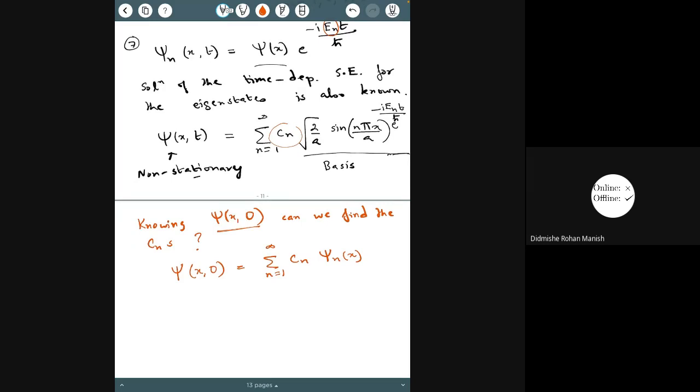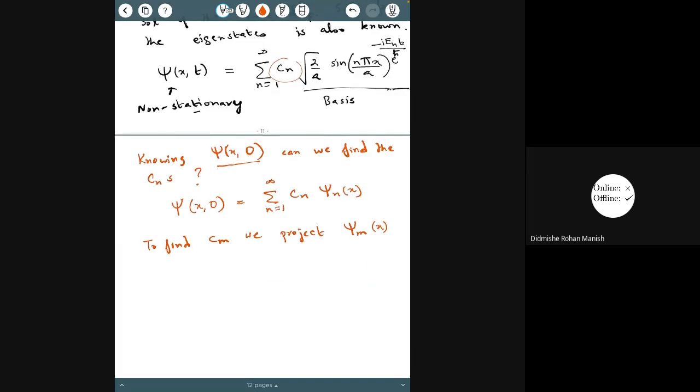And then we can project with psi_m to find out the coefficient C_m, for example. So let's see. To find C_m, we project psi_m(x). So psi_m(x) is another basis function.